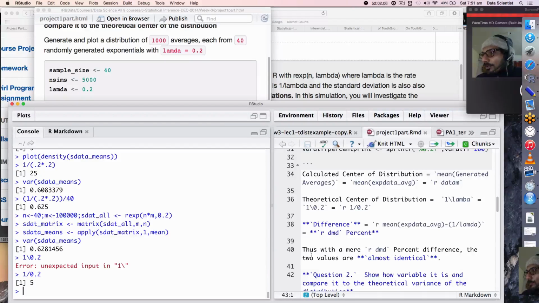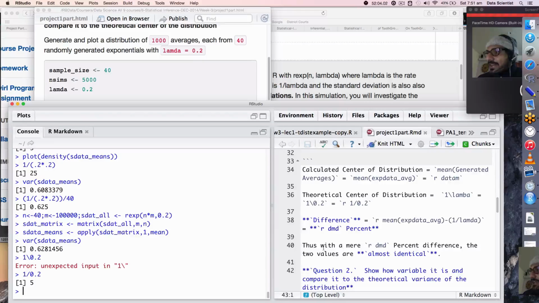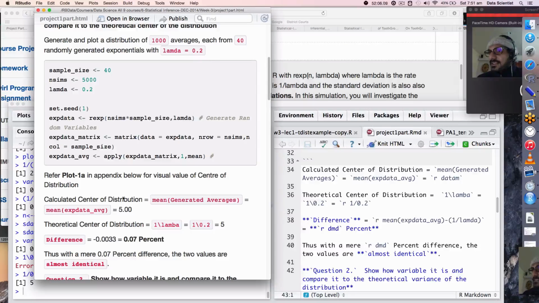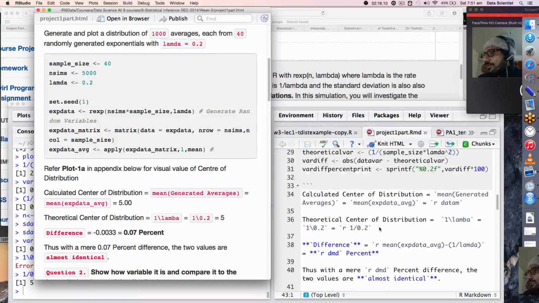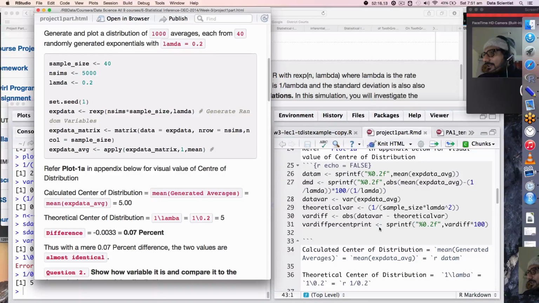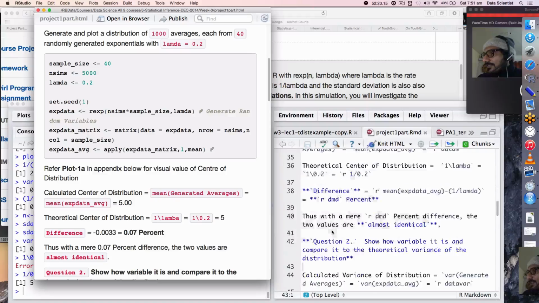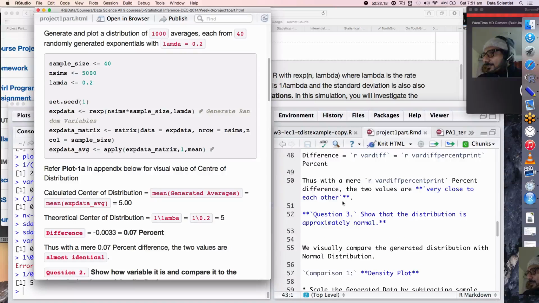Now what I do is I actually compare the percentages. I said how different is the answer. I said theoretical center minus this, and I get a difference of about 0.0033, which is about 0.07%. So I've computed these values here, and then I just plug them in. Is this part clear?